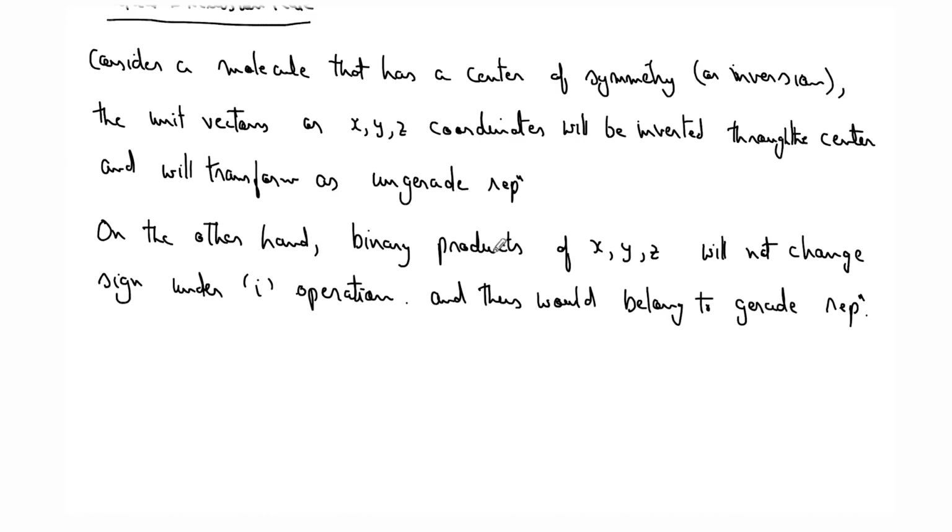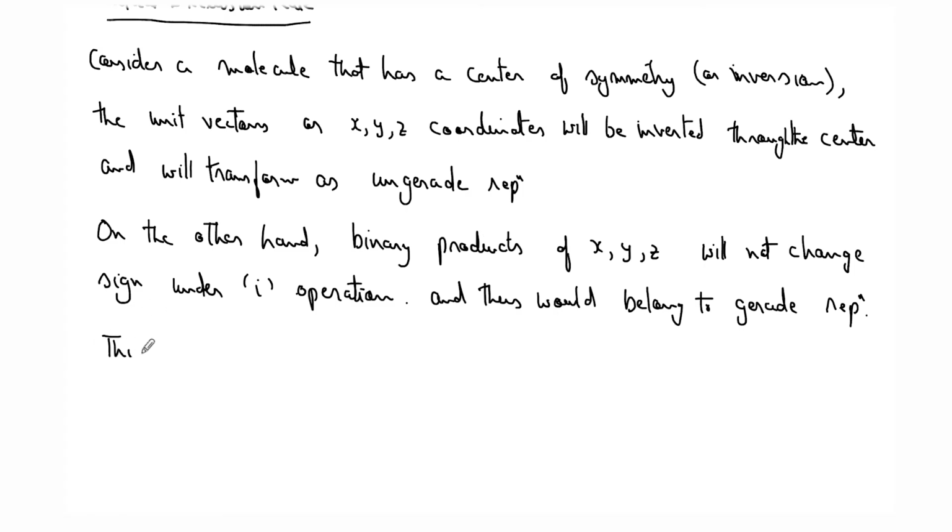So the irreducible representation corresponding to binary products of xyz, any binary product, will always have a +1 sign, because this will be essentially the direct product of the two component irreducible representations, which will have -1, right? So this will always form a gerade representation. xyz will always form a basis to an ungerade representation, and thus whenever there is a center of symmetry in the molecule, the IR and Raman spectrum will be mutually exclusive to each other.